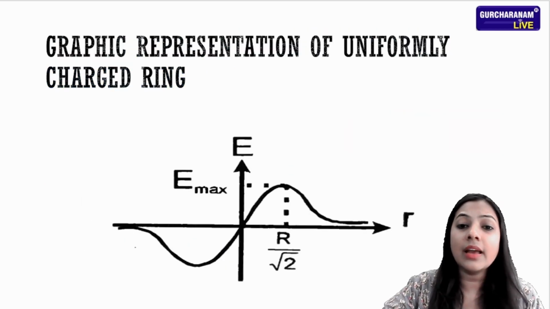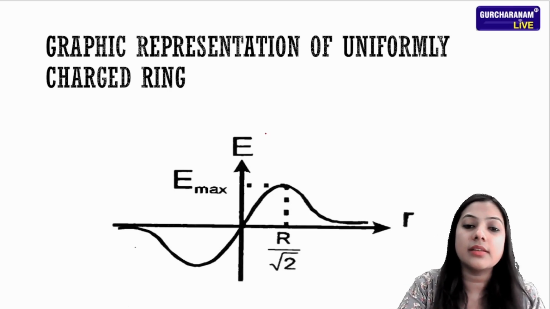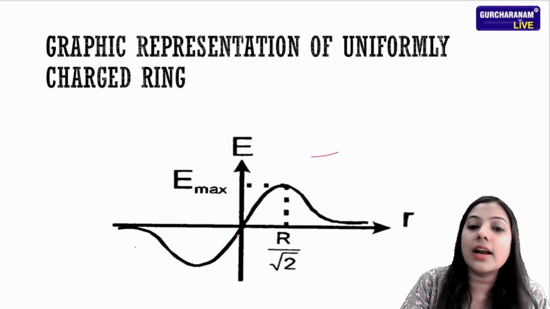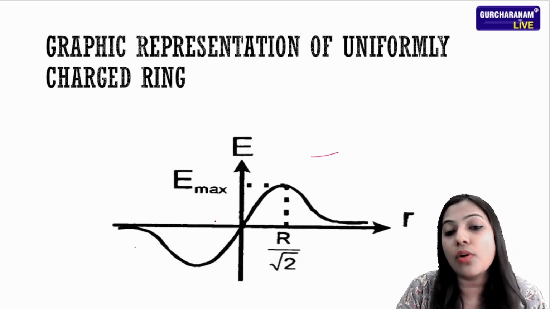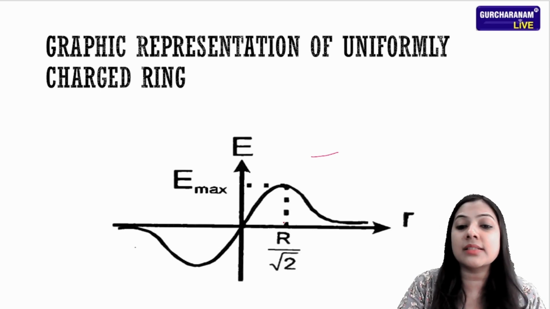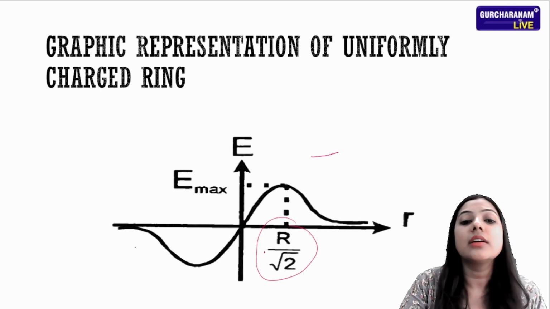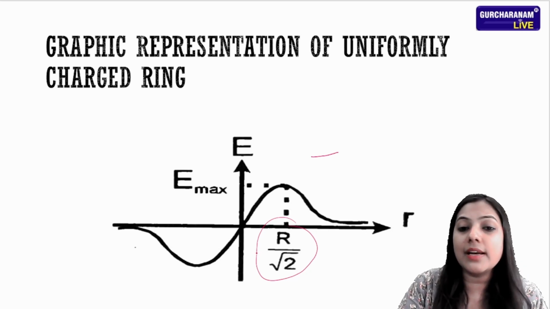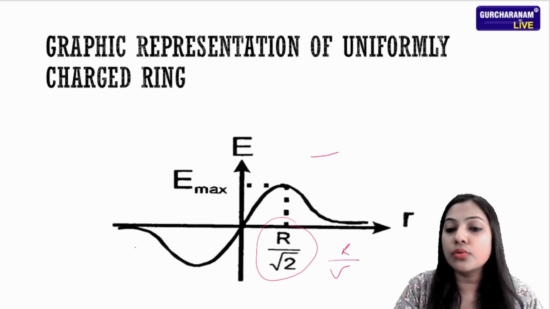Okay, and the graphical representation of this uniformly charged ring is this. We can see that E maximum, that means the value of the electric field is maximum at this point, which is R by root 2.